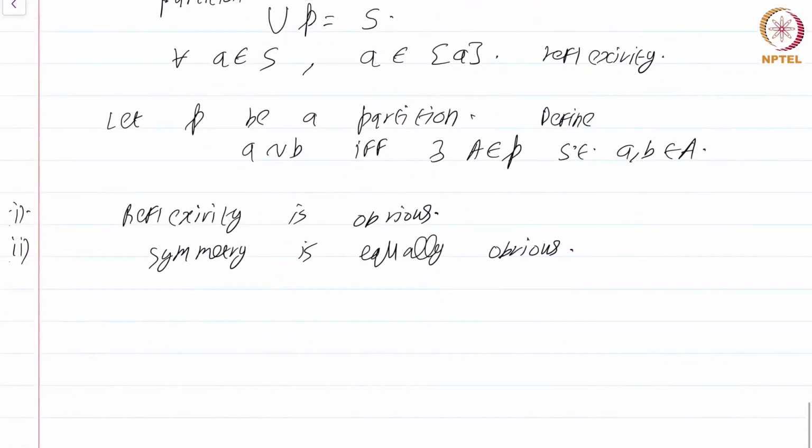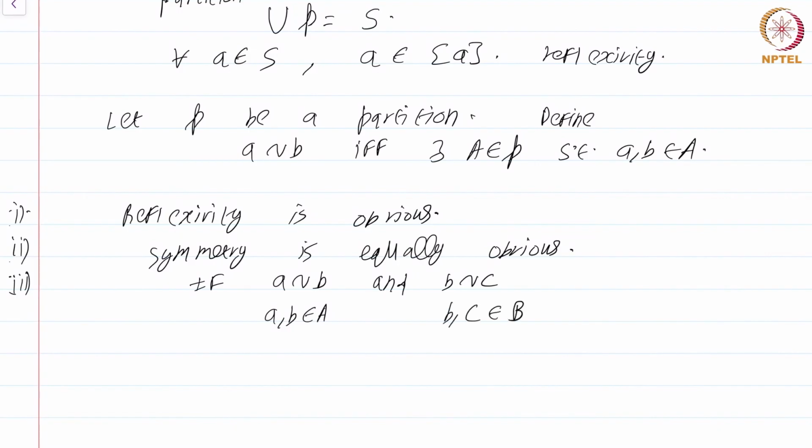Third, transitivity is also equally easy. If A is related to B and B is related to C, that means A comma B must belong to some set 𝒜 and B comma C must belong to some set ℬ.